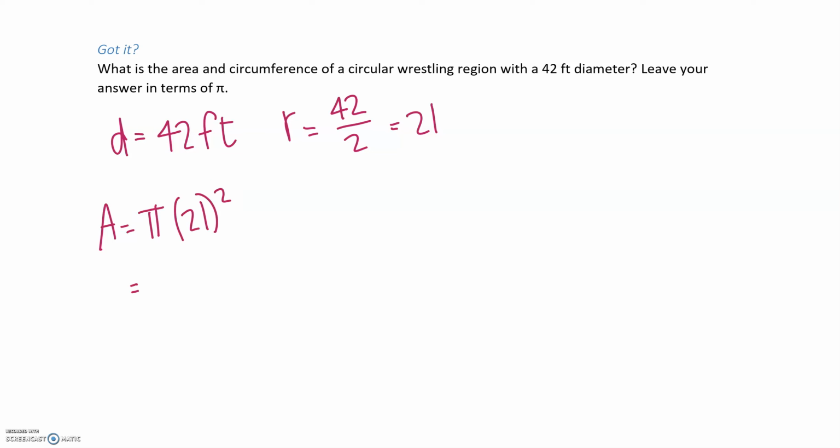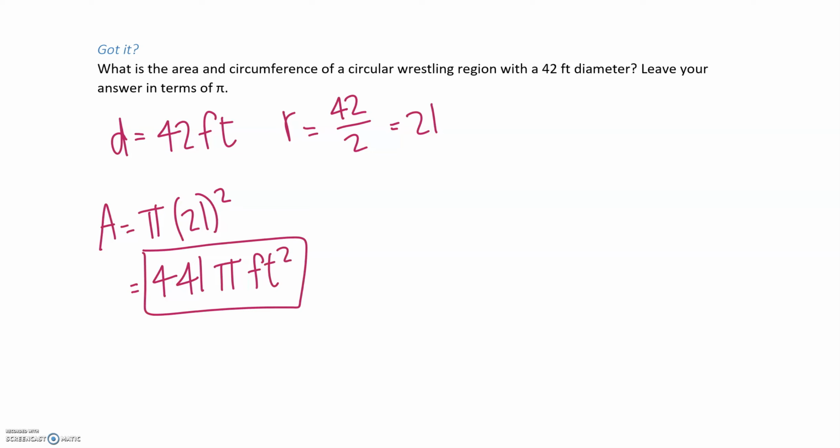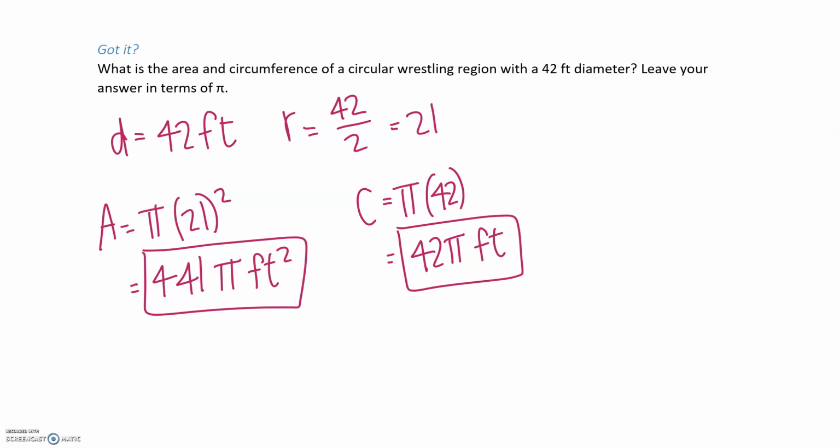So that's going to give us 441 pi. And this is in feet still, so feet squared. And we have our circumference, which is pi times diameter, which is 42. So that's going to give us 42 pi feet as our circumference, or our distance around the circle.